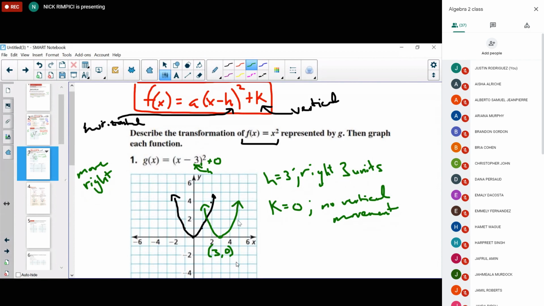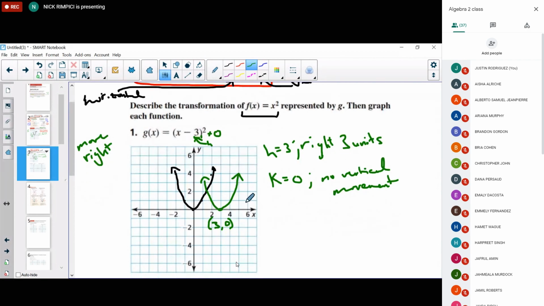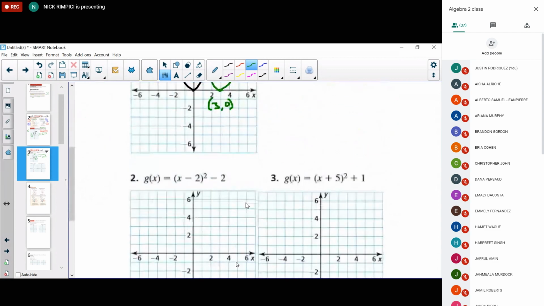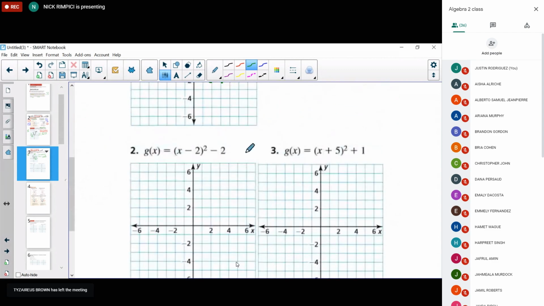So I'm going to give you a couple of minutes to do the same thing in examples 2 and 3. I'll write down the parent function so you can see it. The parent formula, excuse me, is x minus h squared plus k. And we know that h is the horizontal, and k is the vertical.